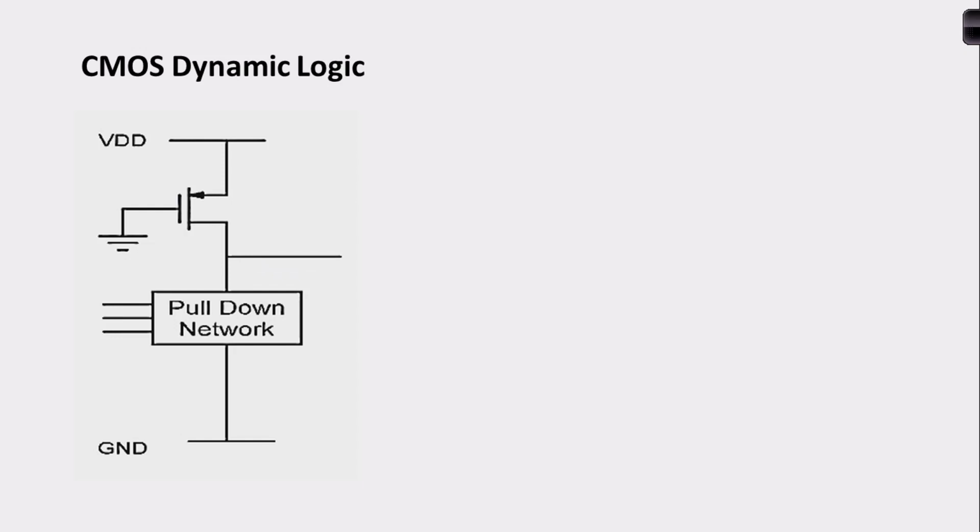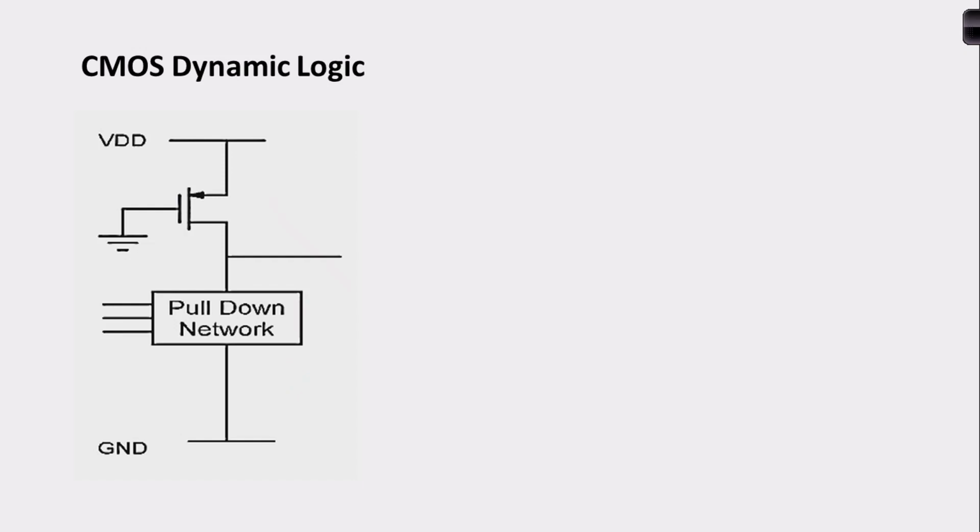If we look at this diagram, this is what we looked at in the previous slide. This is my pseudo NMOS logic. The problem we had in pseudo NMOS logic is that even though I had replaced my pull up region with a PMOS, I still need to calculate the ratio of pull up to pull down region in order to have proper switching.